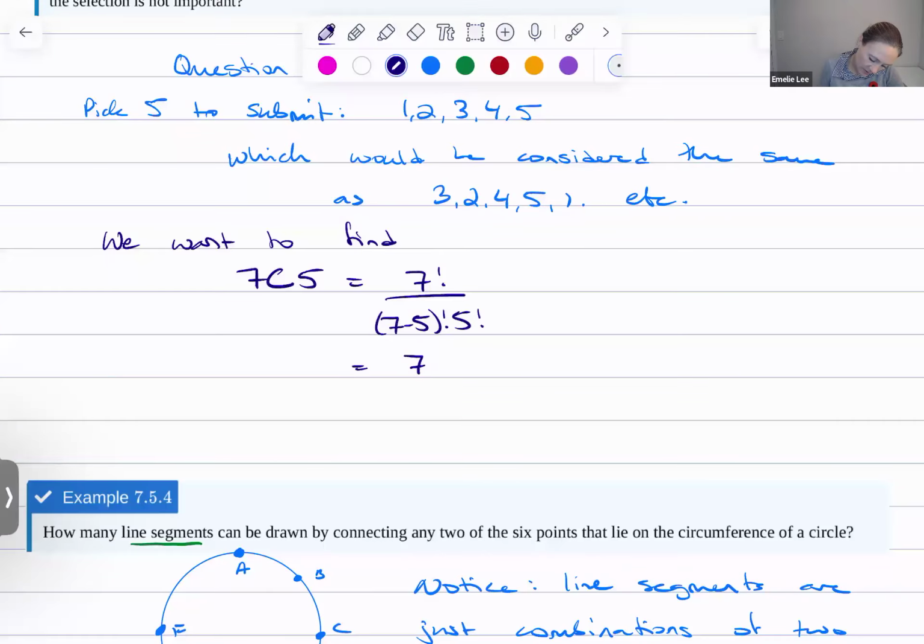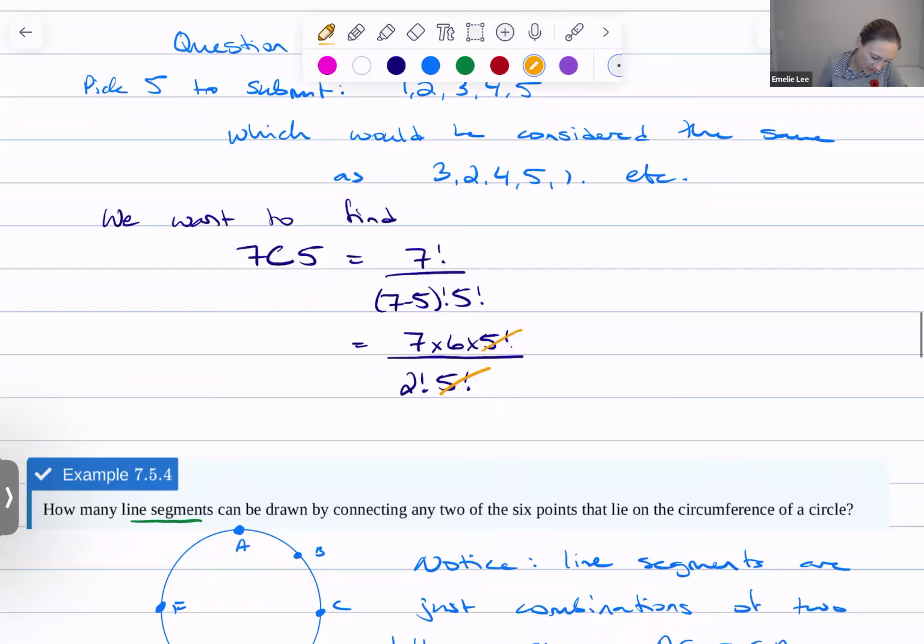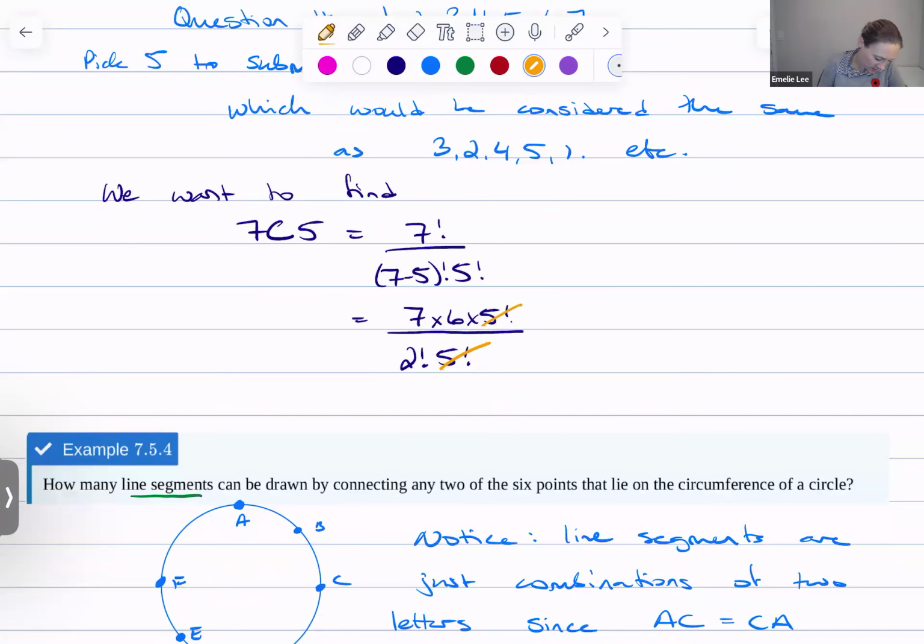Now 7 times 6 divided by 2, technically 2 times 1. I get 21. Check that on your calculator. 7 choose 5. 21.